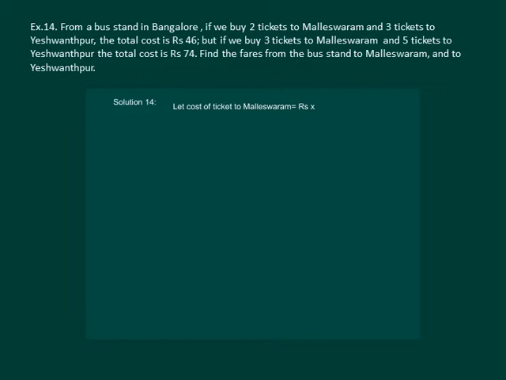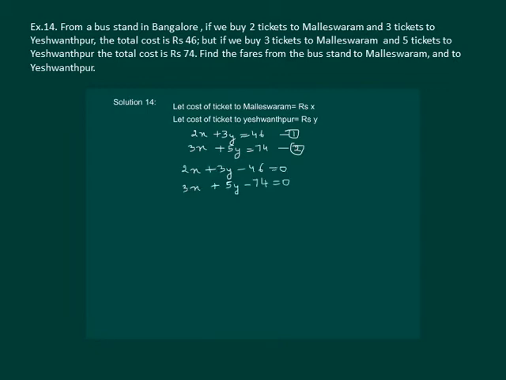Let us start by assuming that the cost of ticket to Malleshwaram be rupees x and cost of ticket to Yeshwanthpur be rupees y. Then, according to the given conditions, we get the following equations. Now let us solve this equation by cross multiplication method. For that, let us bring them to the standard form, that is a1x plus b1y plus c1 equal to 0, a2x plus b2y plus c2 equal to 0.